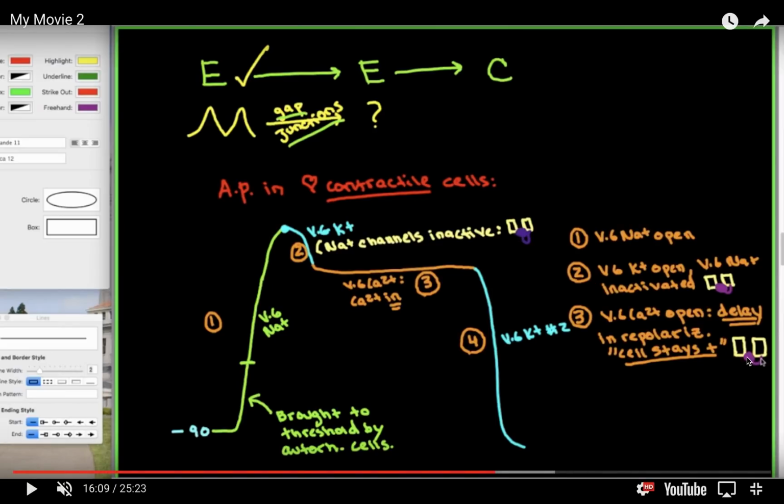Because what we said back in the day is that for us to make this sodium channel go back to its original conformation, we need to make the cell more negative. But if we delay the process by which the cell gets more negative, this sodium channel is going to be stuck in this state for longer.